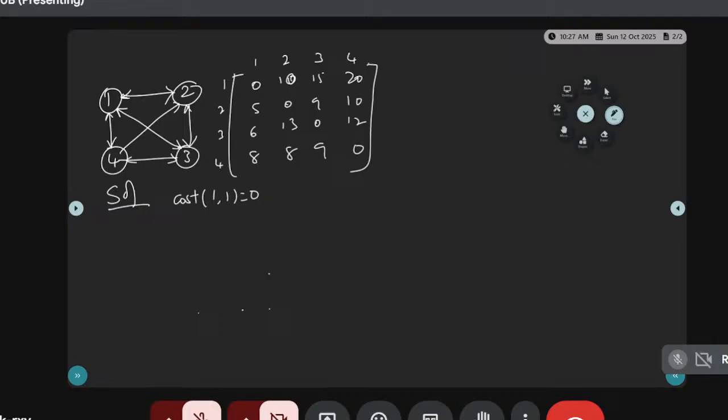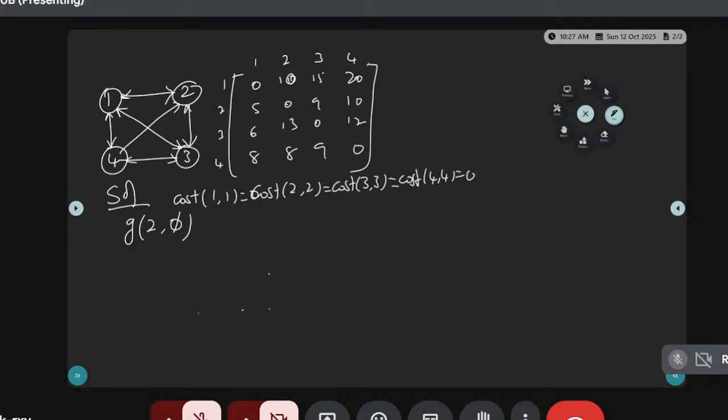Write down, from the given matrix: cost of 1 comma 1 is equal to cost of 2 comma 2, cost of 3 comma 3 is equal to cost of 4 comma 4, is equal to 0.